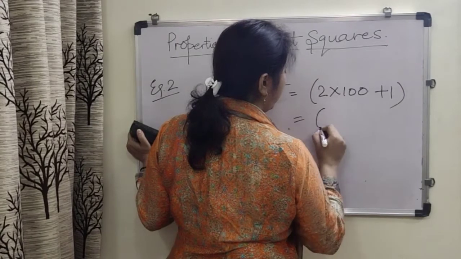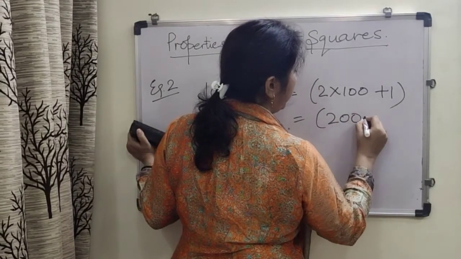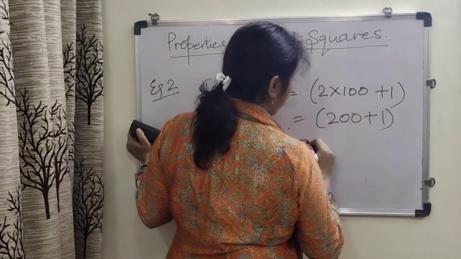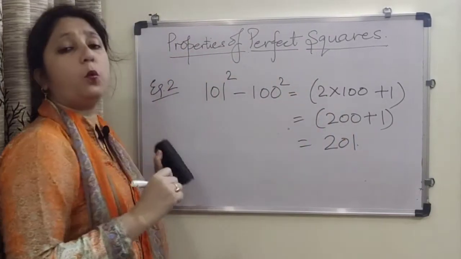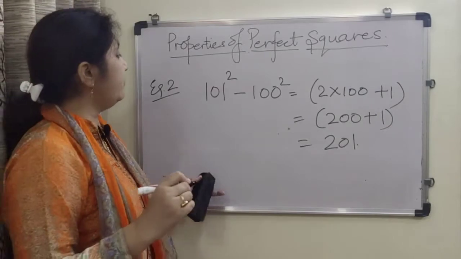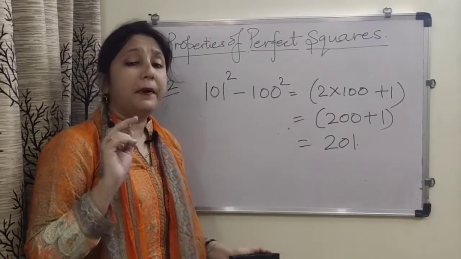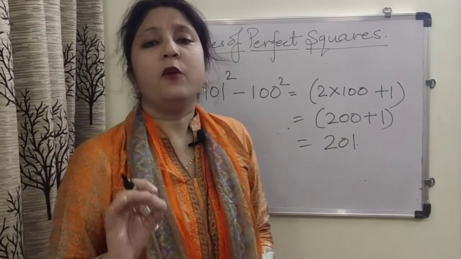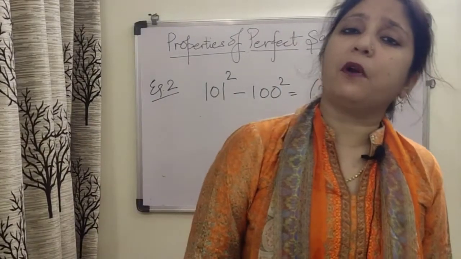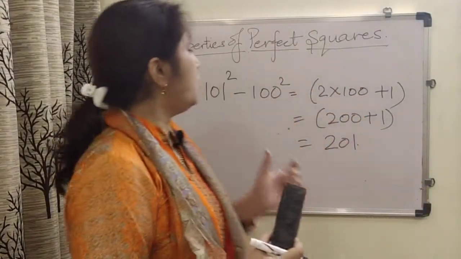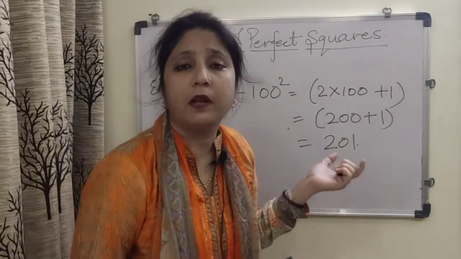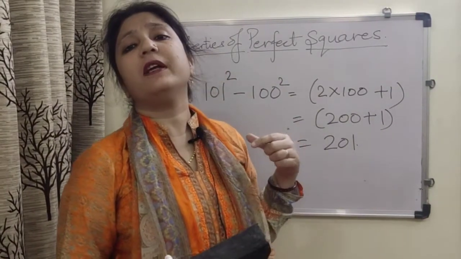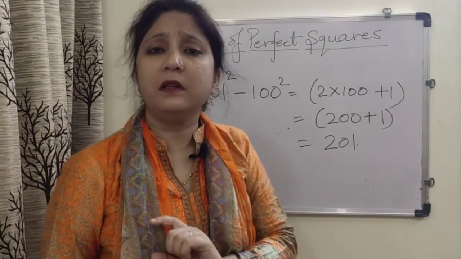That is 200 plus 1. That answer is 201. Likewise, you can find, but make sure children, when you apply this property, the two numbers that you are taking, they should be consecutive numbers. Otherwise, this property doesn't hold.